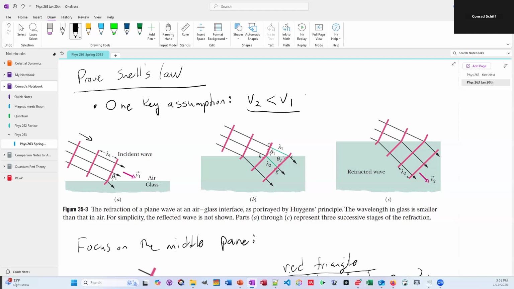And so as we progress, more of the wave enters and the direction changes from being like this outside to being like this inside. If we redraw that second vector here, we see that the direction of the wave front moves away from the normal.